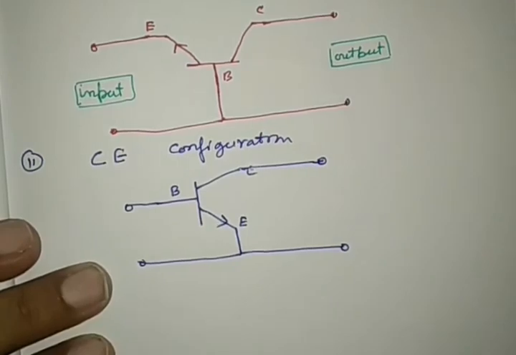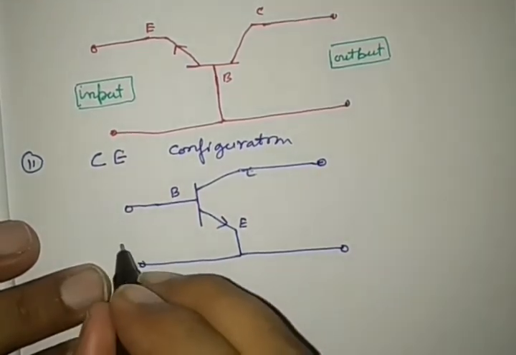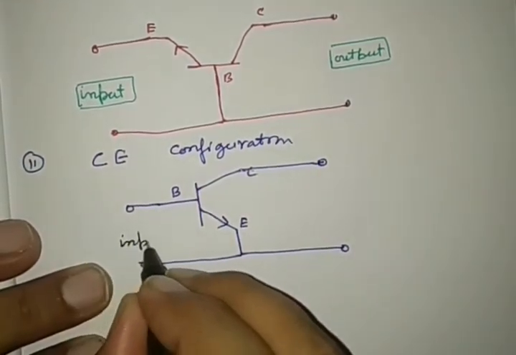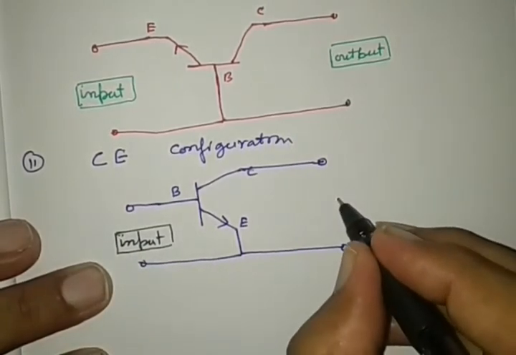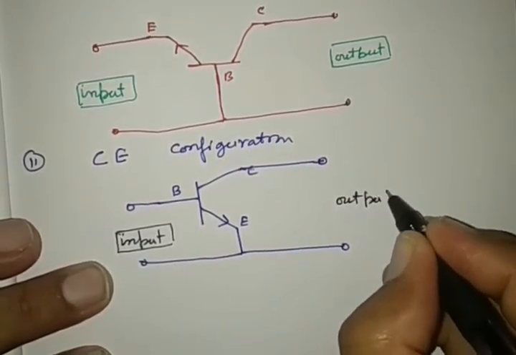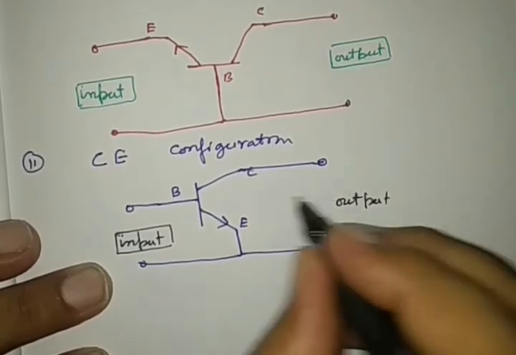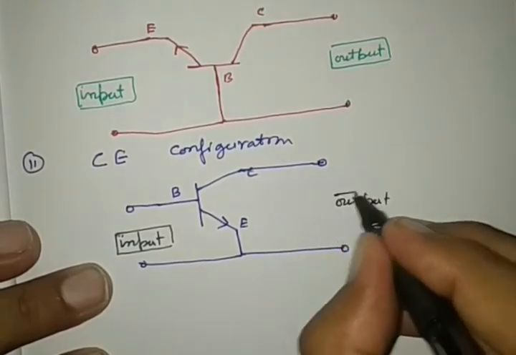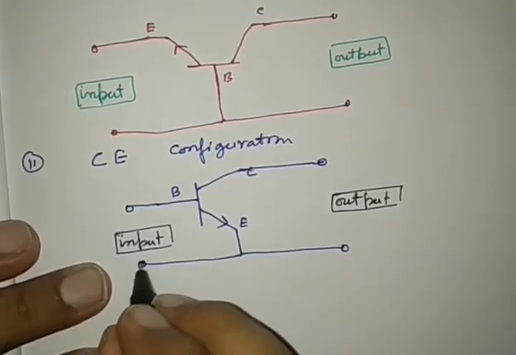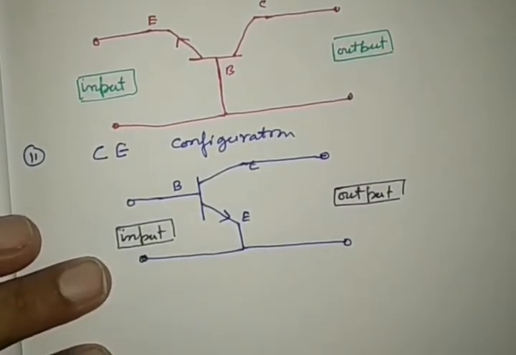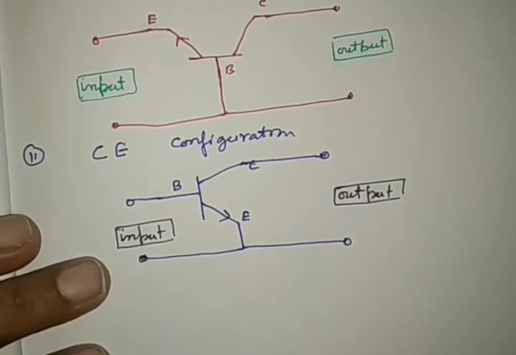So we may write this is the input and this is the output. Here the emitter is in the input and also in the output. Clear?